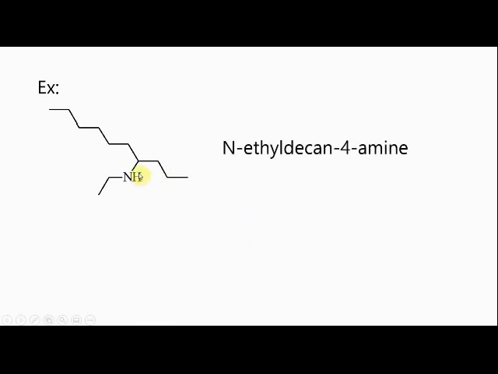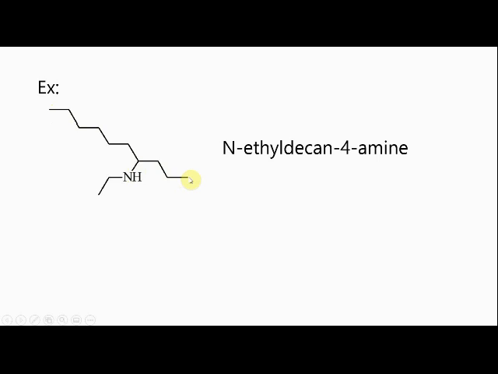Now, there's a couple of ways we could call this a major carbon chain, but what is preferred here is to use this nitrogen group as an actual branch that's attached to this long carbon chain.